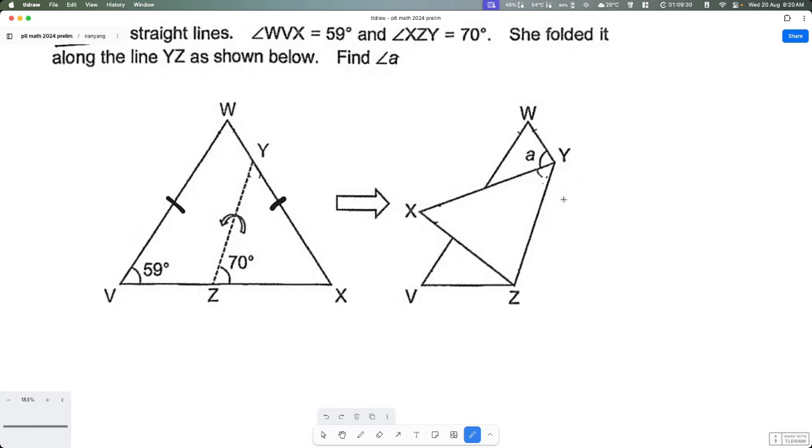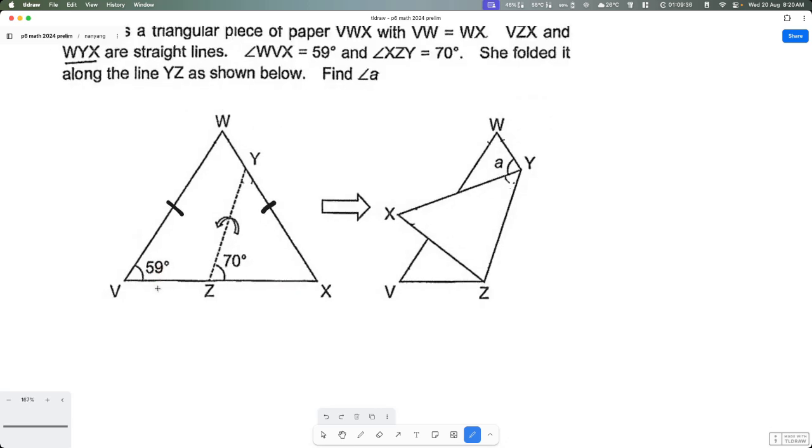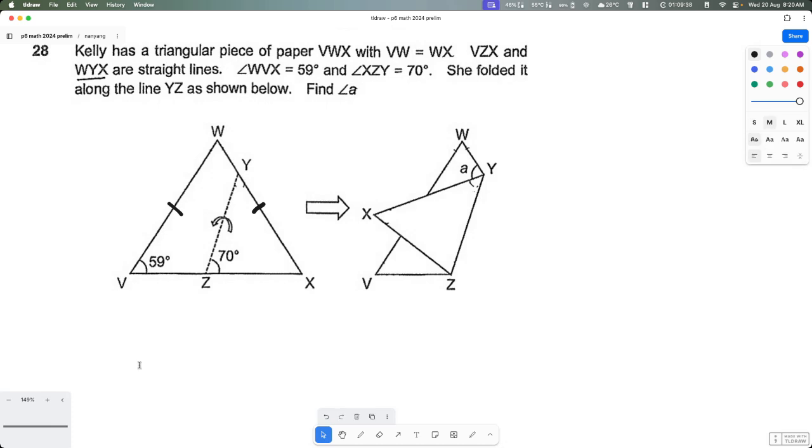Since we know this angle is 59 degrees, let me just write here. Since VW is equal to WX, that means WVX is an isosceles triangle.